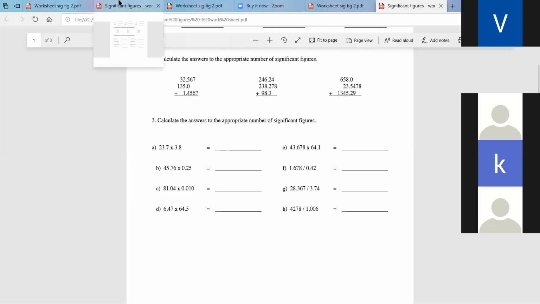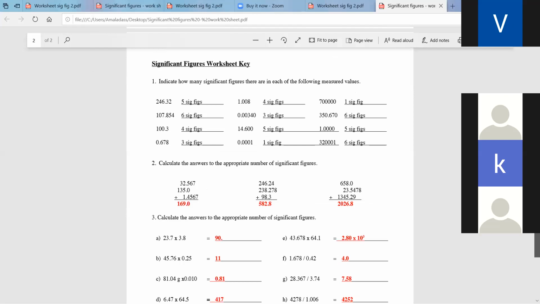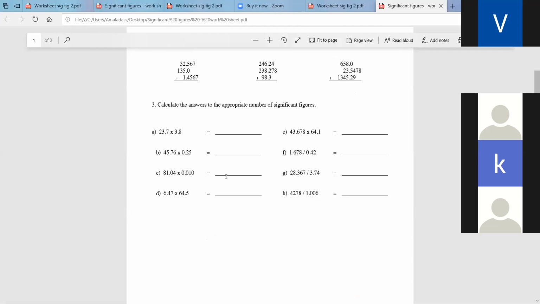First the original value, please. 0.8104. So what is the least significant figure here? 2. Then how do you write the answer? 0.81. That's it. Okay, 0.81. Good.